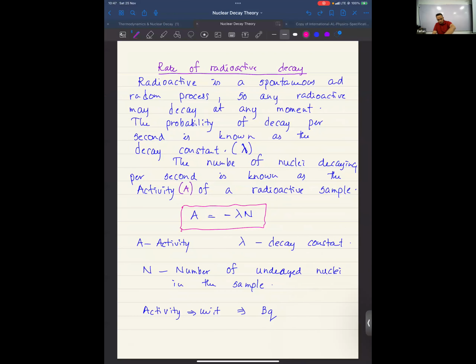Let's write on the next subtopic. Rate of radioactive decay.